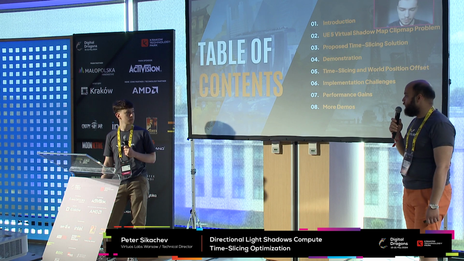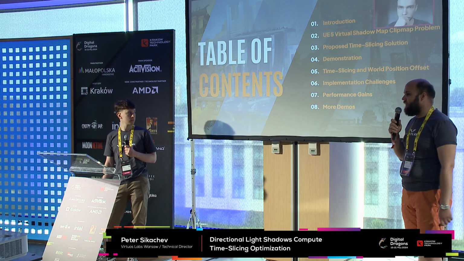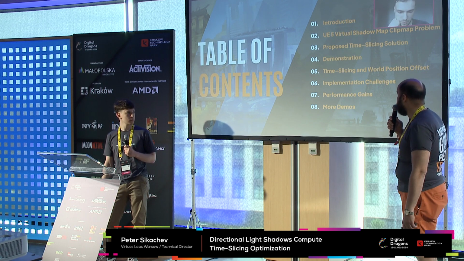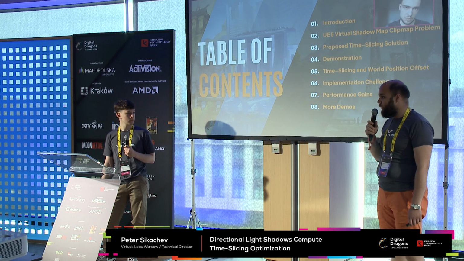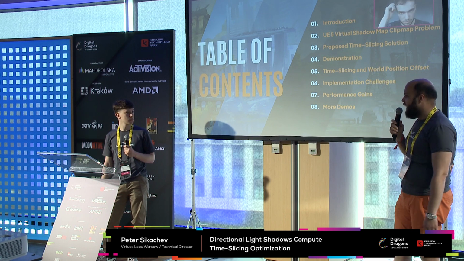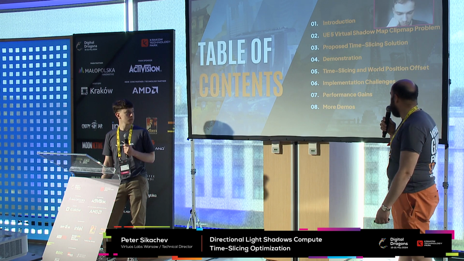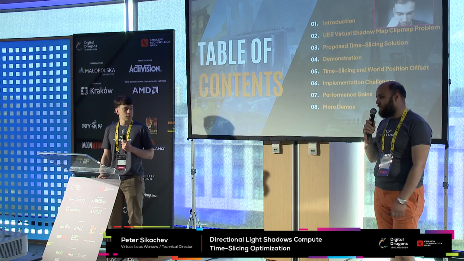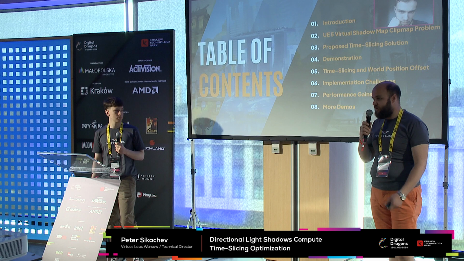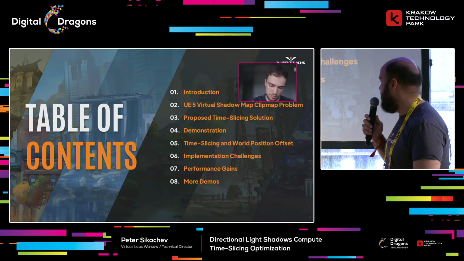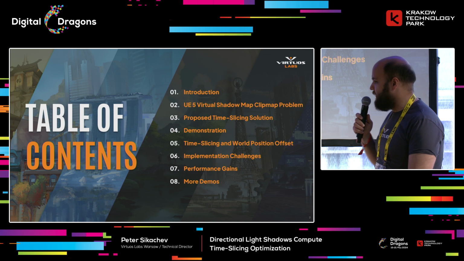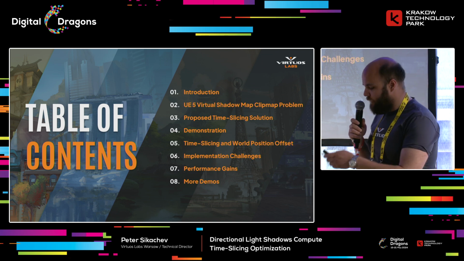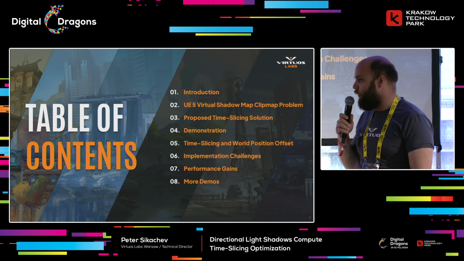We will then do a short demonstration on the Valley of the Ancients, after which Ostap will describe our solution to the world position offset geometry and describe how we solve the implementation challenges that we had along the line. He will also describe the performance gains, and we will finish with more demos.